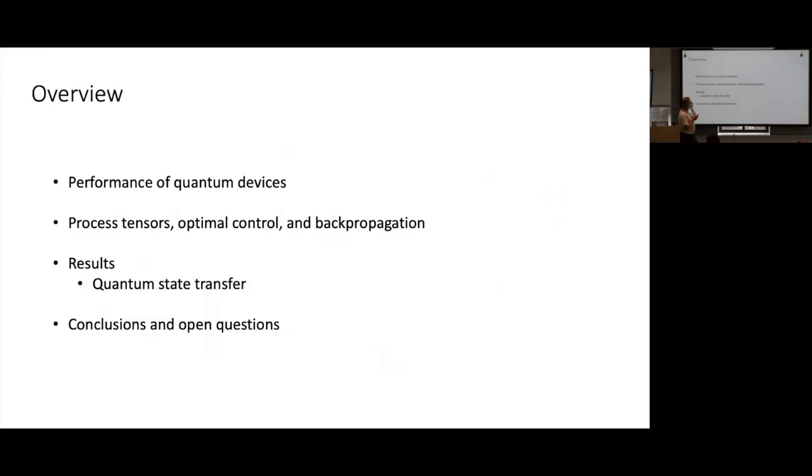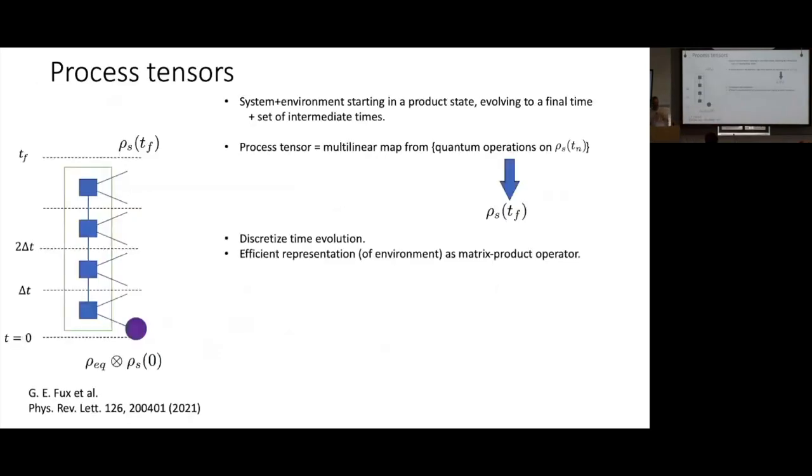Okay, so let me come on and talk about the method for doing optimal control using these process tensors. To start off, let me specify the particular kind of process tensor I'm using and give you the diagrammatics I'm going to use, because this is essential for the backpropagation algorithm.